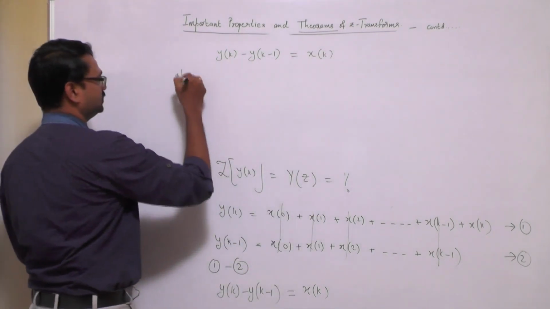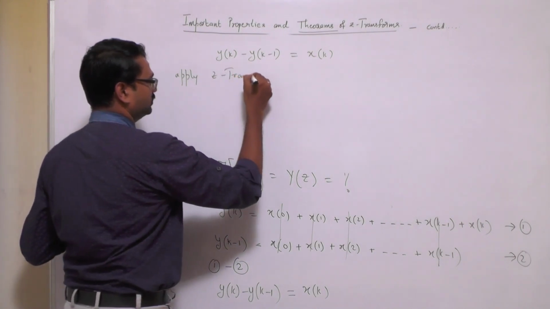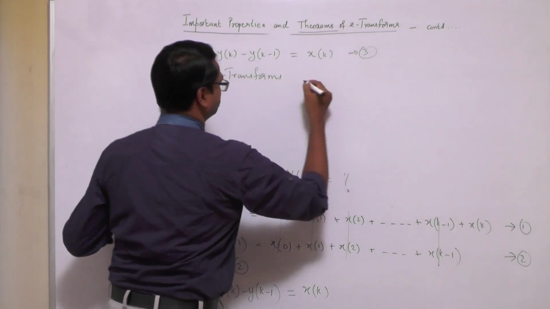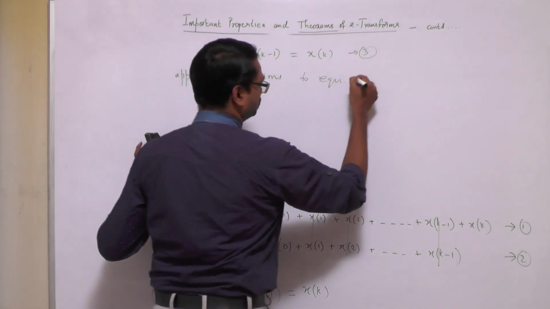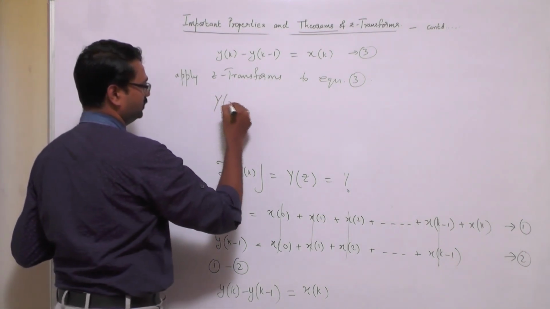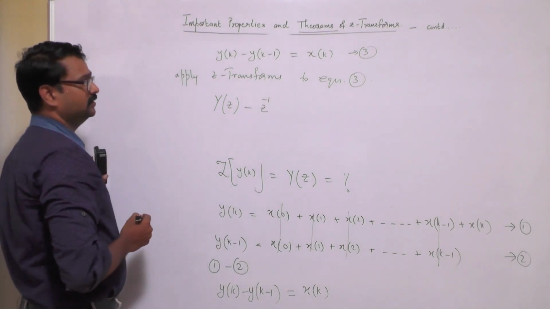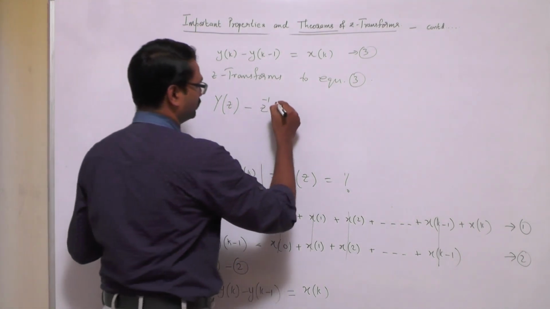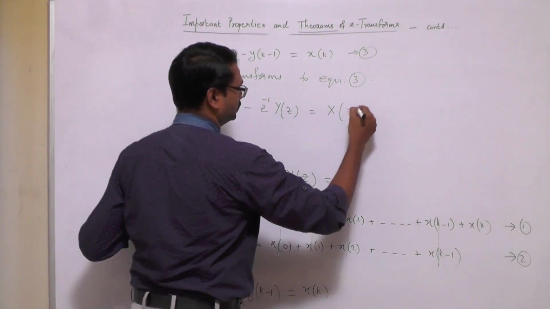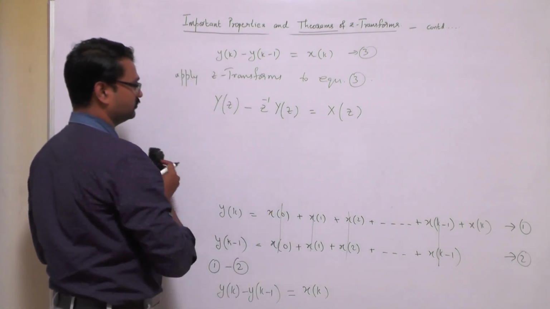Now when I apply z transforms to equation 3, I will have y of z minus z inverse y of z, which is equal to x of z. This is the time delayed real translation theorem. The question here for us is what is y of z.